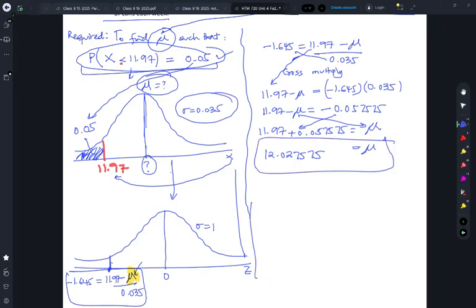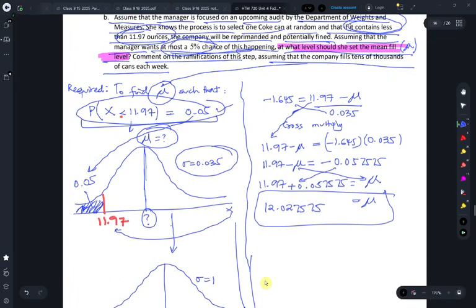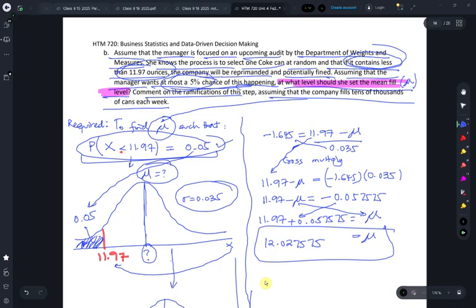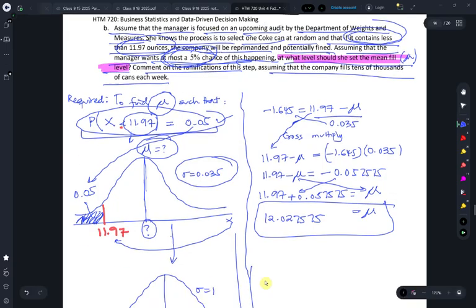This is what they should set the mean to so that there is at most a 5% chance that a randomly selected can will contain less than 11.97 ounces. This is the desirable one. That is the first ramification of the step.